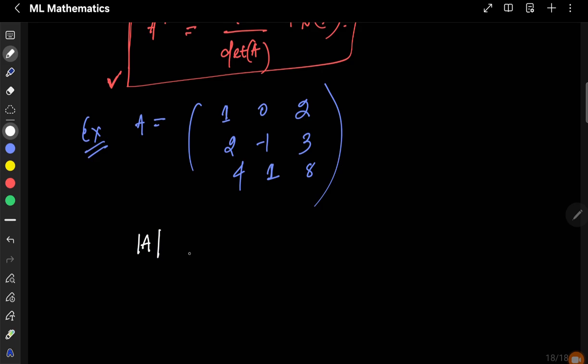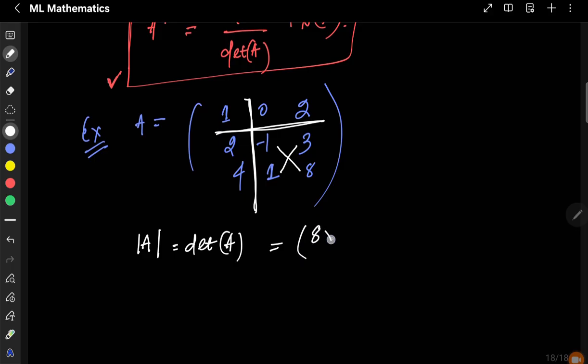Ignore the first row, first column, multiply and subtract them. So it is 8 into minus 1 minus 1 into 3. Getting what I am trying to say here?